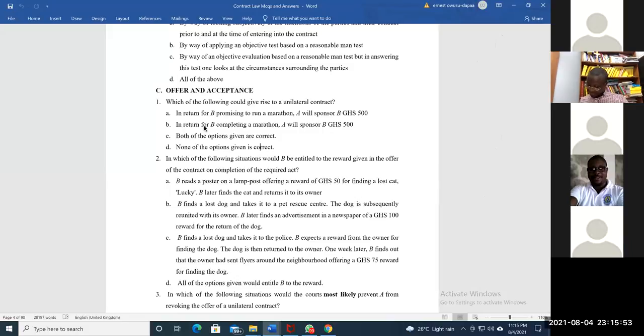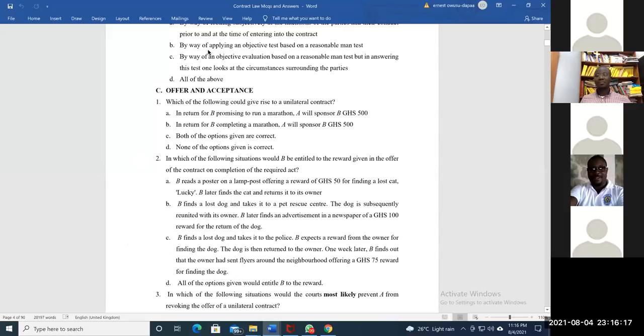Okay, I think my understanding is that there is a scenario where somebody is saying that I will pay anyone maybe 100 cedis if you find my dog. I think that one is a unilateral offer.